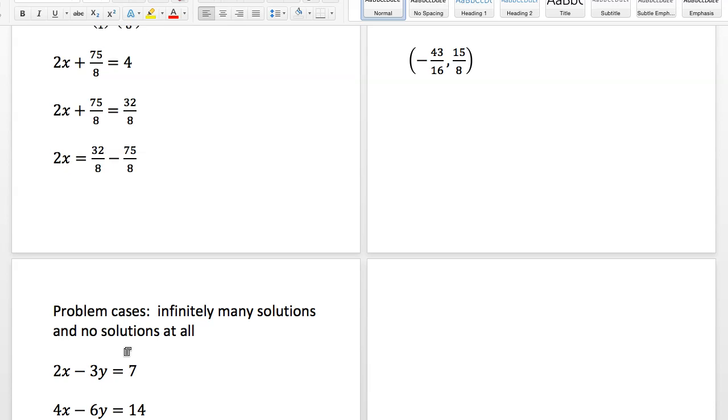You can have 0 solutions or 1 solution or infinitely many. You can't have 2 solutions or 3 or 4 or 5. That's it. I'll show you geometrically why.